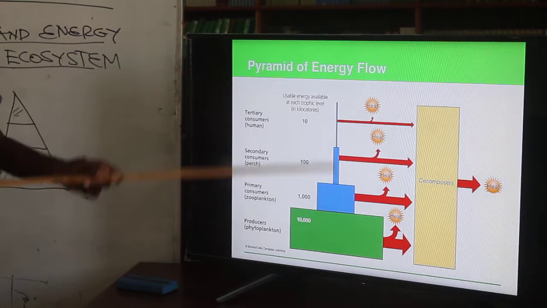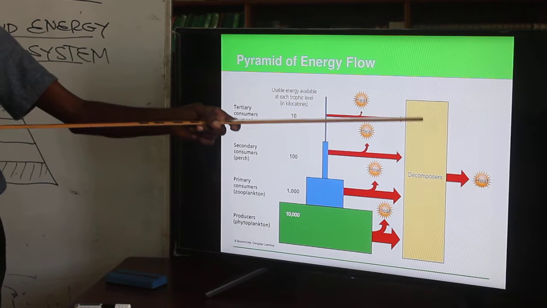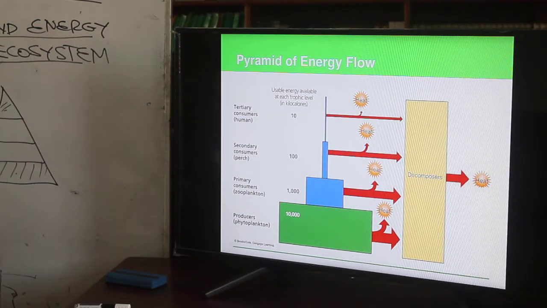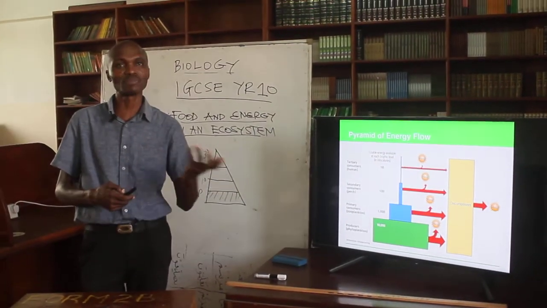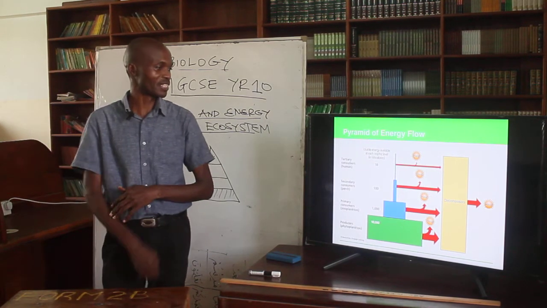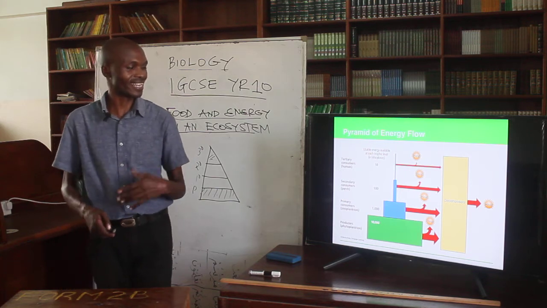Now when all these living organisms die, what happens? They decompose, and that energy is also released. No wonder we say that we end up losing our energy when these organisms pass on. The decomposers are able to break down the materials, and they are able to release the nutrients.